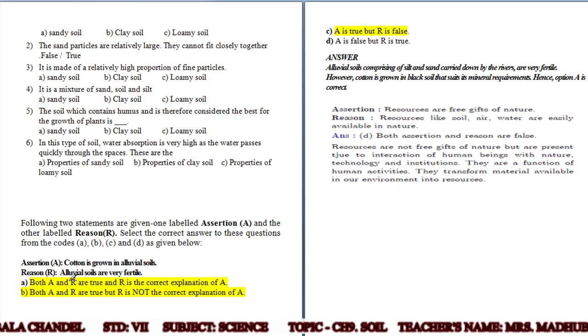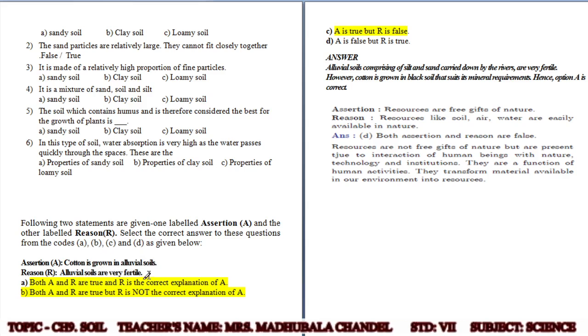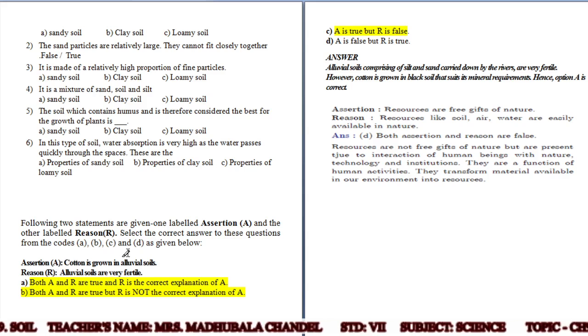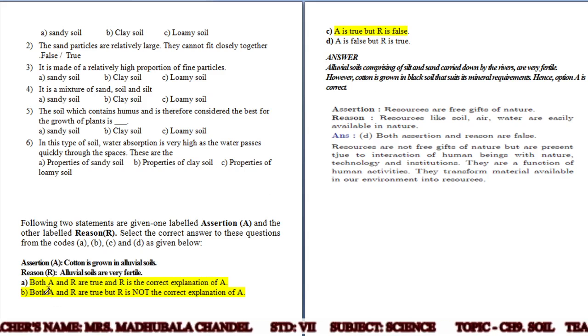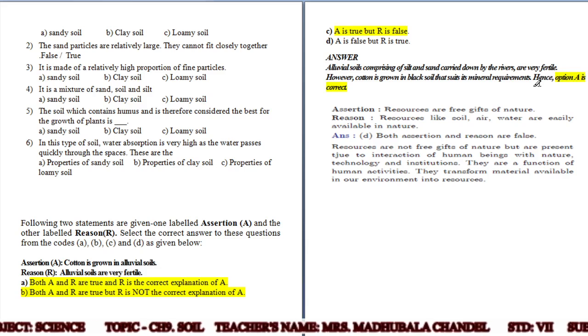Cotton is grown in alluvial soils, and the reason is alluvial soils are very fertile. If I think these 2 statements are true and R is the correct explanation for A, then I can say that A and R are true and R is the correct explanation of A. So according to this, option A is correct.